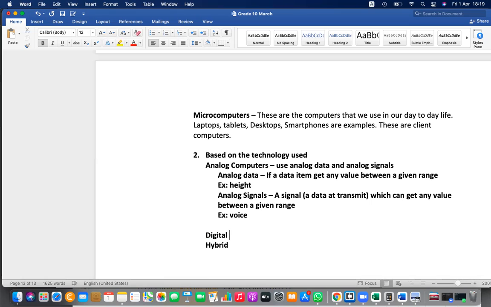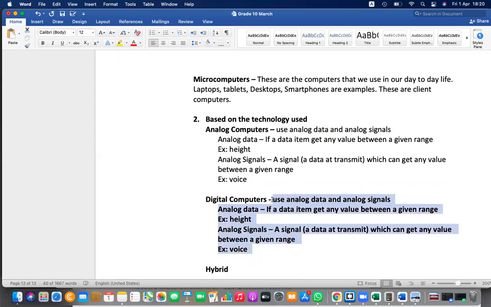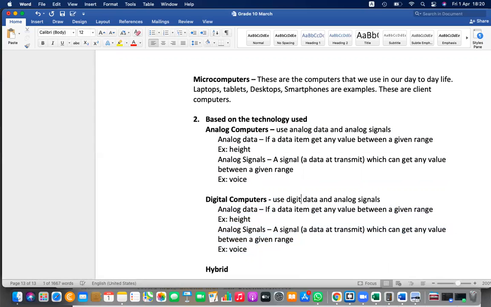So then the digital computers, similar to this, use digital data and digital signals.